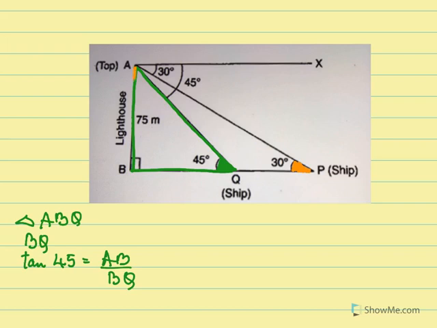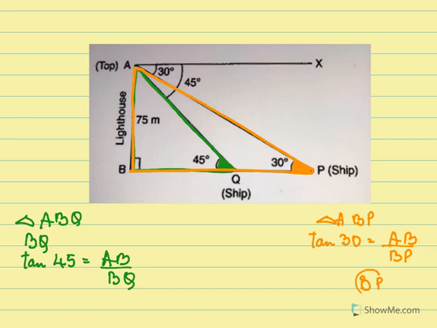With 30, you took up this triangle here, triangle ABP. You used tan 30 equals AB over BP, and in this you found out your BP. And now it was time to find PQ. So for PQ you will do BP minus BQ, and that was the distance between the two ships.